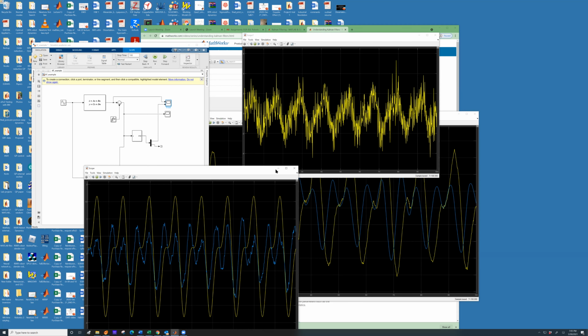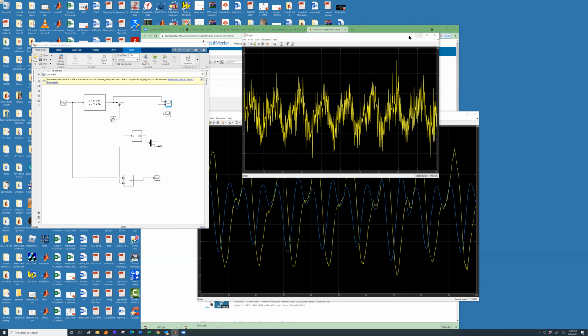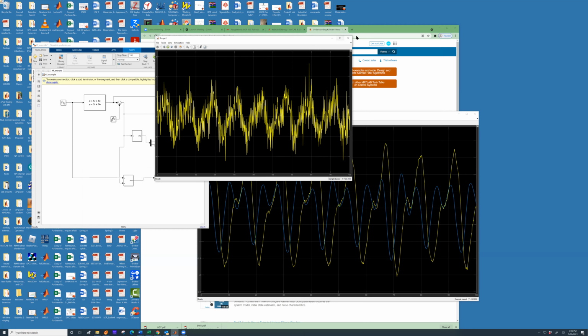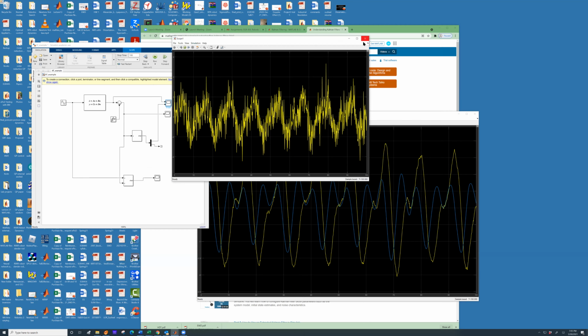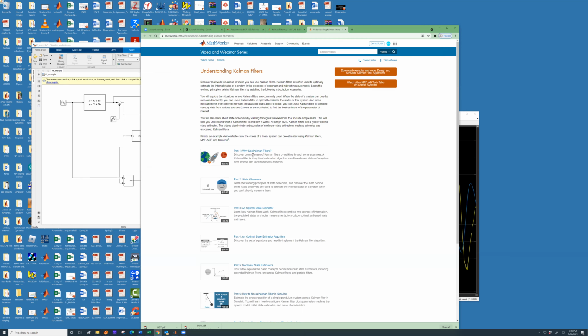What Kalman filter does, essentially, is it takes the Gaussian of the measurement noise, it takes the Gaussian of the process noise, it multiplies those two Gaussians, and then you get a resultant, and it finds the mean of that resultant. All that information is very well explained in these webinars.